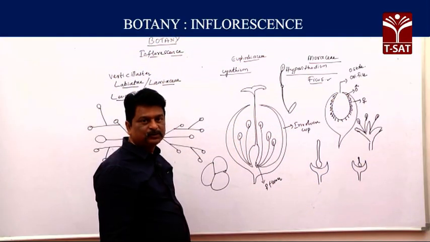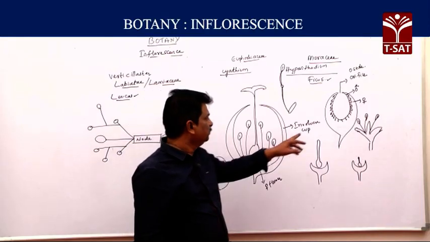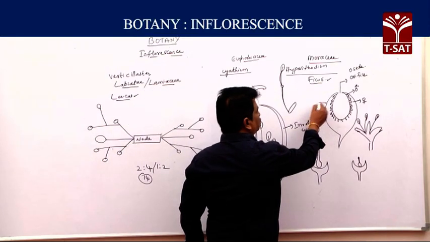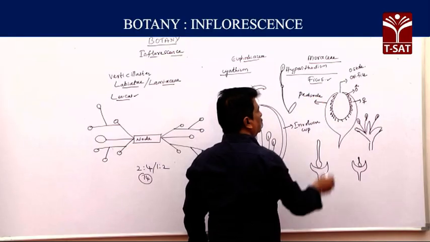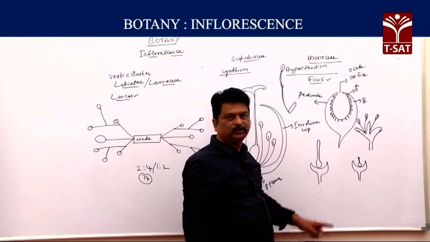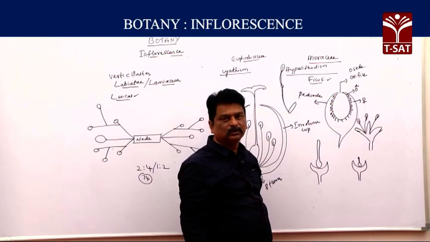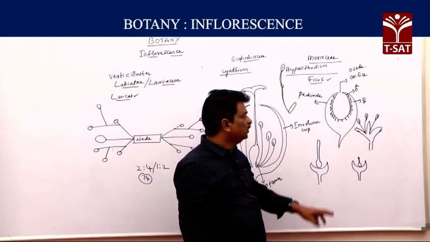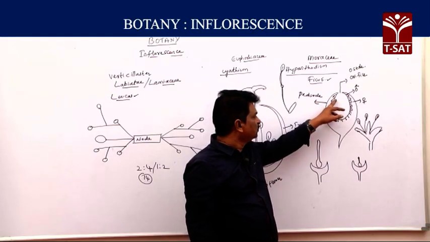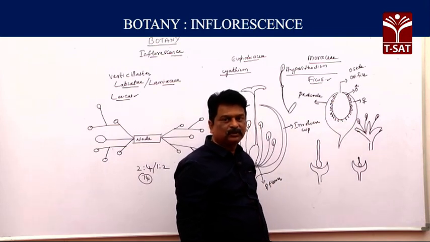Hypanthodium means a fruit-like special inflorescence. It looks like a fruit. In hypanthodium, the peduncle is fleshy, hollow or pear-shaped with an apical pore. That apical pore is called orifice or ostiole. It is a special inflorescence containing sessile and unisexual flowers.